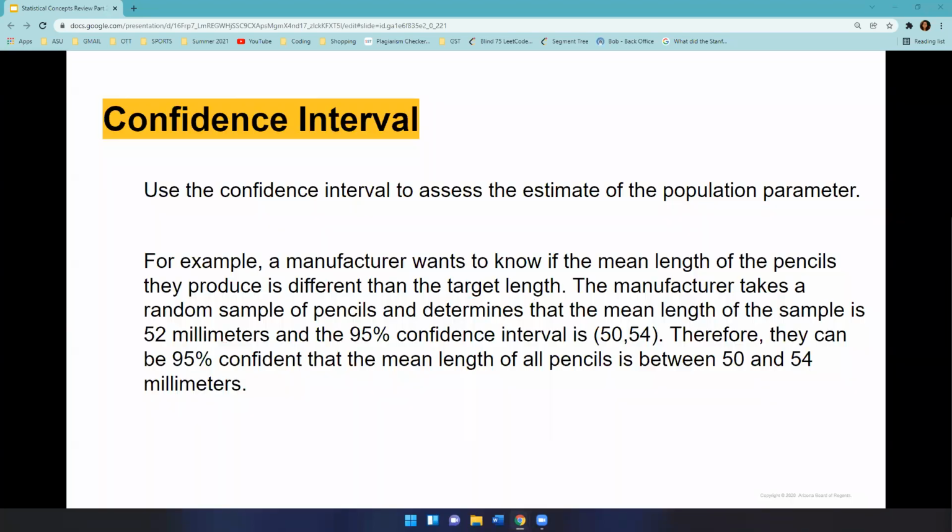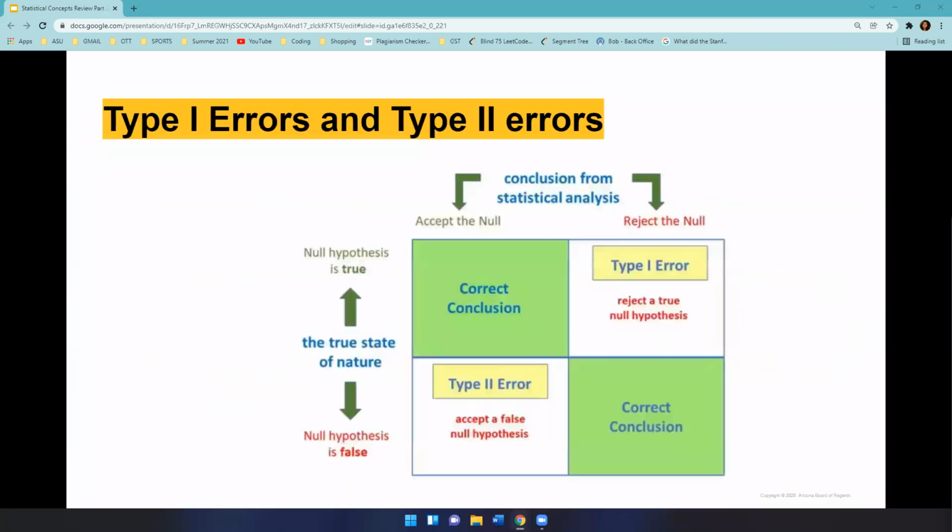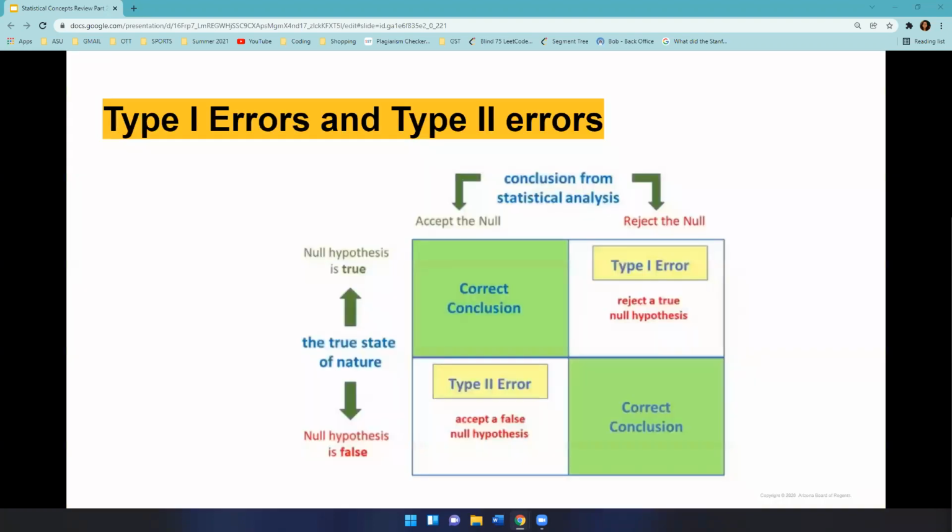Now, the last topic I would want to discuss is type 1 and type 2 errors. In any testing or any experiment, we have errors. So for hypothesis testing, we have two different types of error, type 1 and type 2 errors.